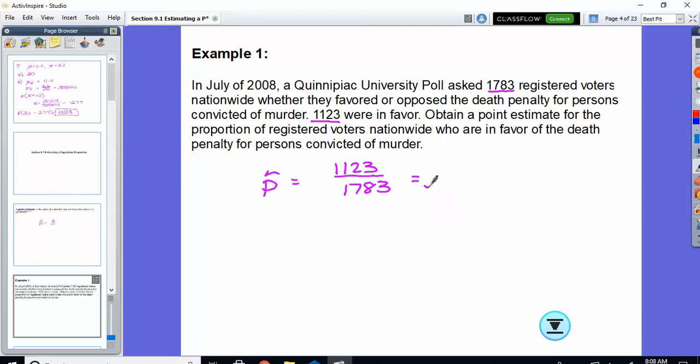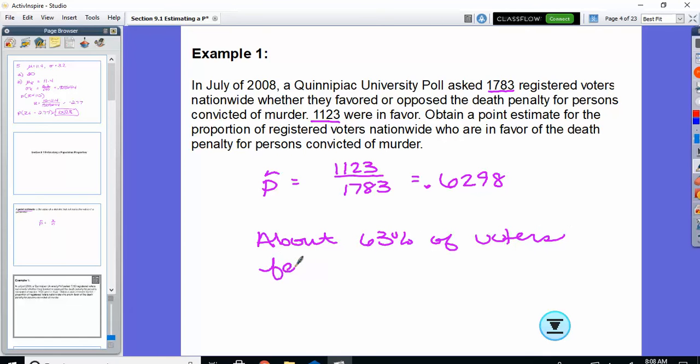Okay, so that is 0.6298. So we could say about 63% of the voters favored the death penalty here.